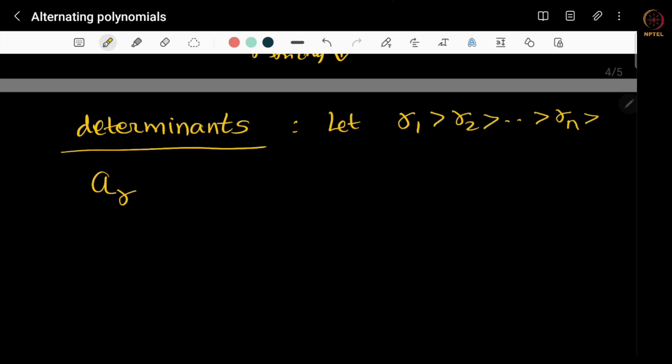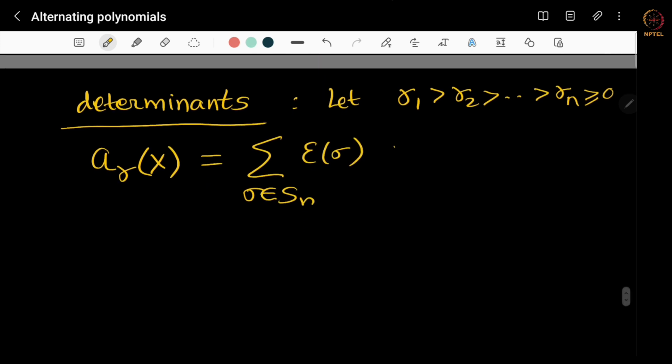For those for whom this expression seems somewhat familiar, let's also make that connection here. You might have seen this before. This alternant is in fact just a determinant in disguise.